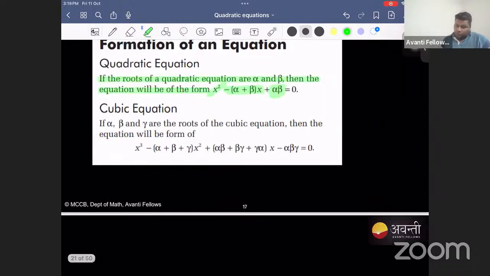Now, for a cubic, if alpha, beta, gamma are the roots of the cubic equation, then the equation will be of the form x cube minus sum of roots into x square plus sum taking 2 at a time into x minus alpha beta gamma equals to 0.